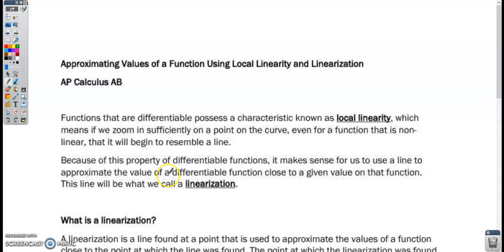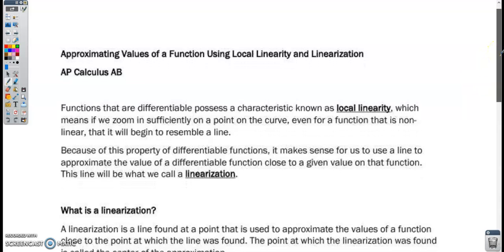Because differentiable functions have this property, it makes sense for us to use a line to approximate the value of a differentiable function close to a given value. Since the function is close to a line when I zoom in close enough, if we use a linearization, this line, to make approximations, it is going to be very close to the value of the function when we're close to the point on which the linearization is based.